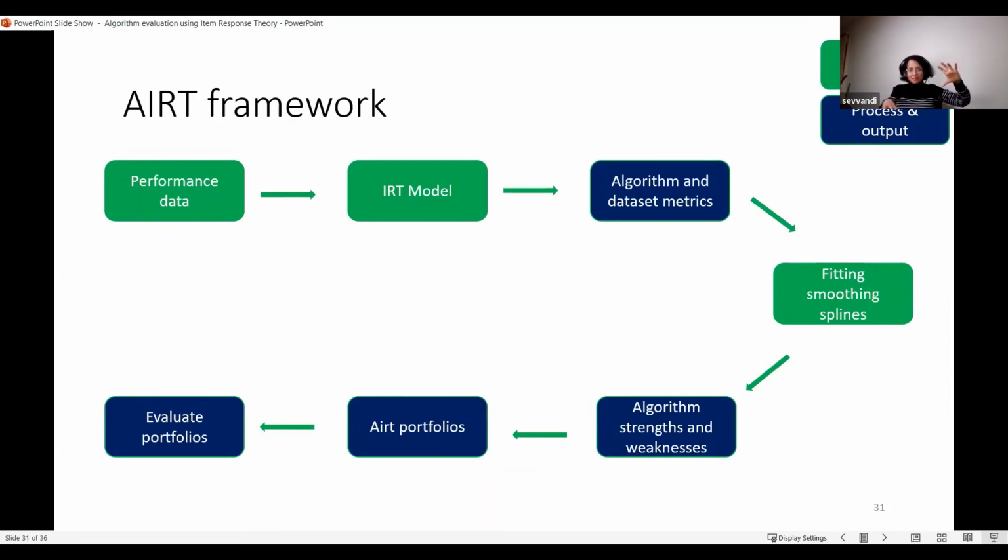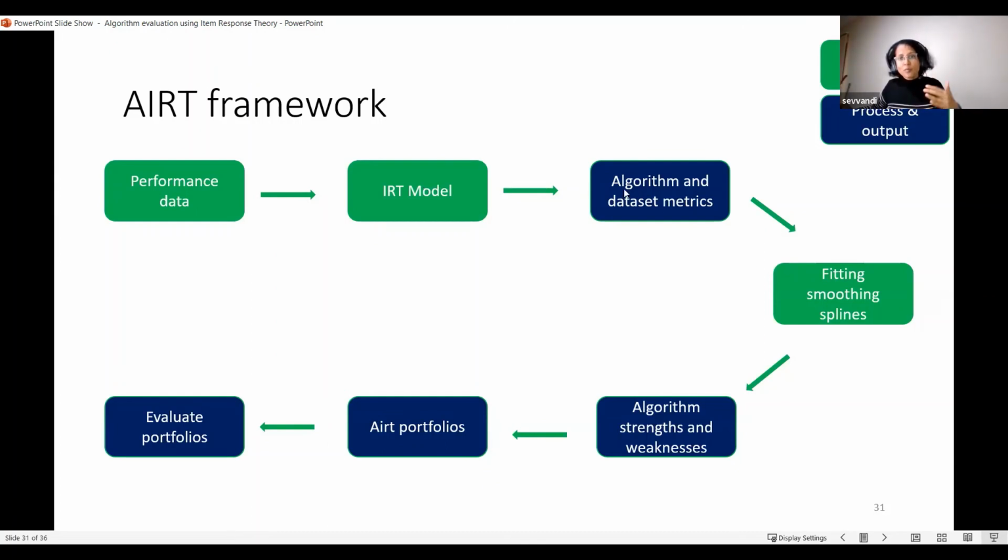So that's the AIRT framework. Just to go through all the things here, the green boxes are the process parts, and the blue boxes are part of the process, but you get some output as well. So we have the performance data, and using that, we fit an IRT model.